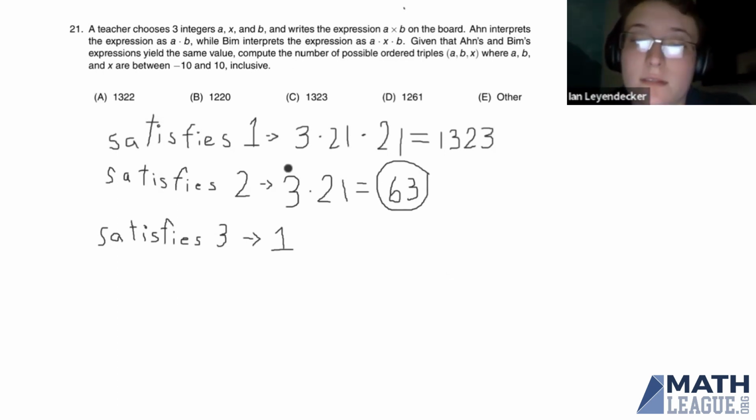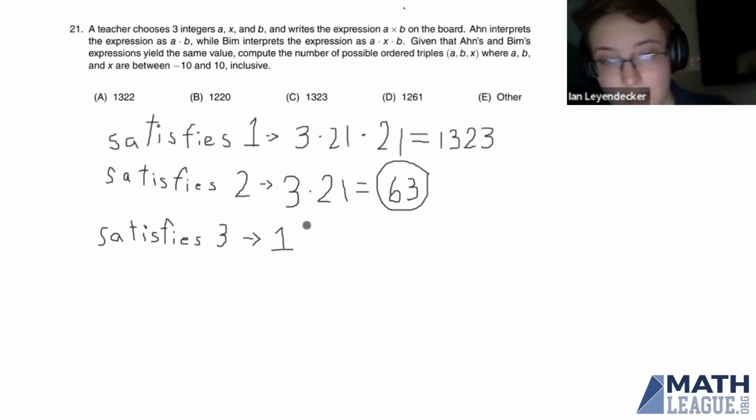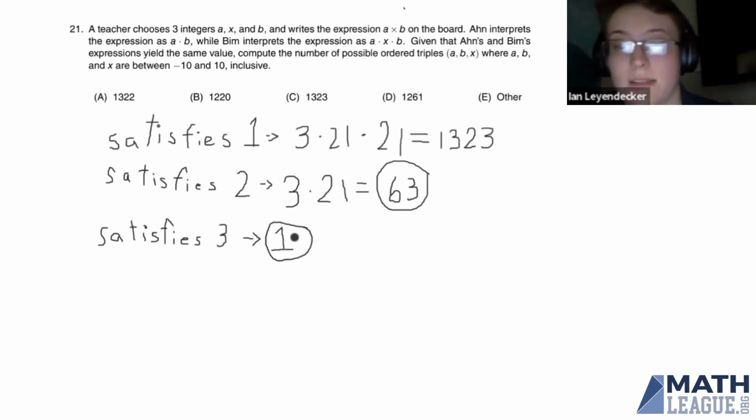So if we subtract the number of times that we overcount the cases where at least two of our rules are satisfied from 1,323, then we're also going to need to add back this third case, because this case is overcounted in both our count for satisfying one of our rules and our count for satisfying two of our rules. So when we subtract 63 from 1,323, we need to add that one back.